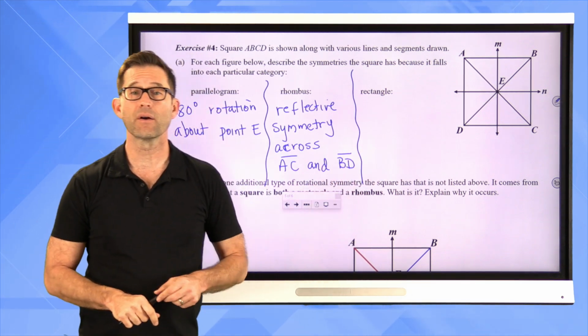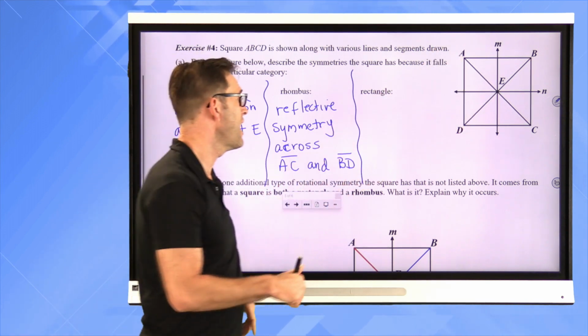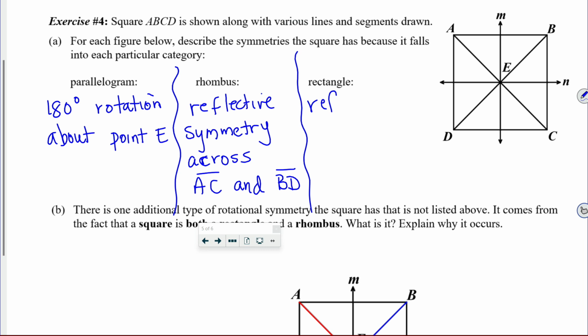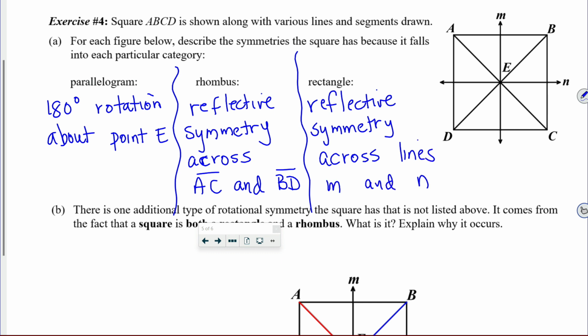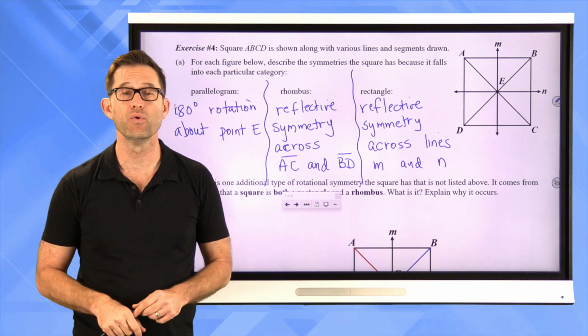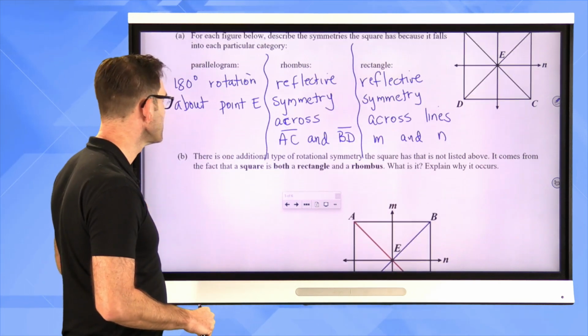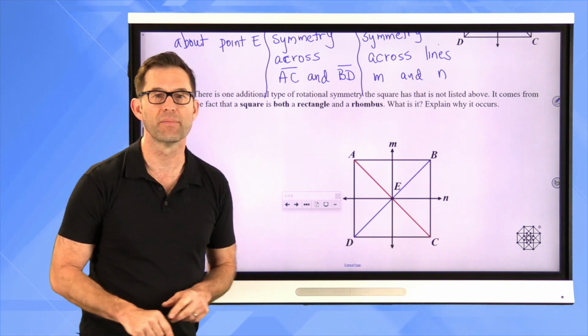And finally, for the rectangle, which we just looked at, of course, it gets reflective symmetry across line M and line N. And of course you could always describe those as lines that pass through the midpoints of two opposite sides.